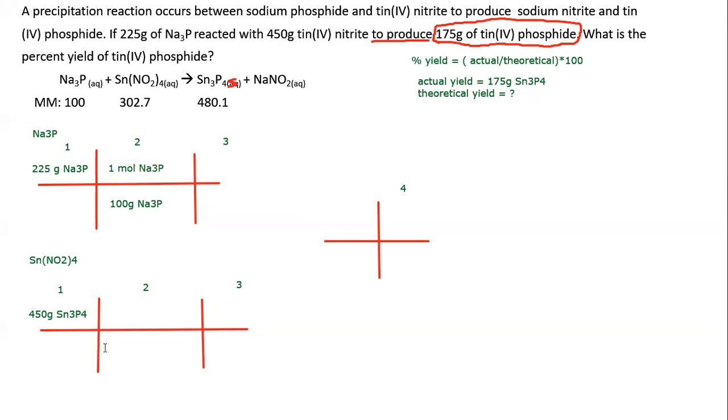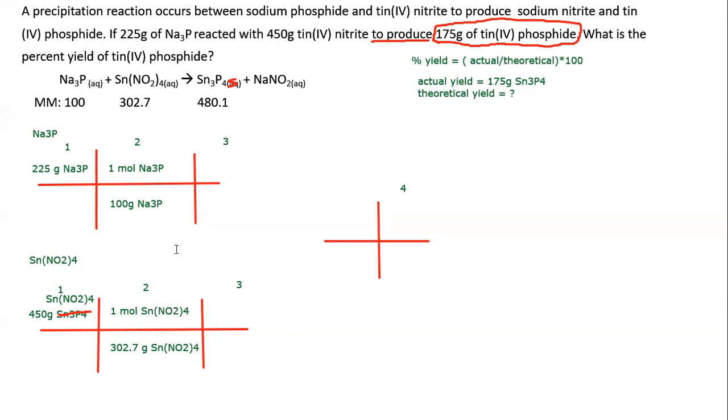The same for tin-4 nitrite, with 1 mole on top.